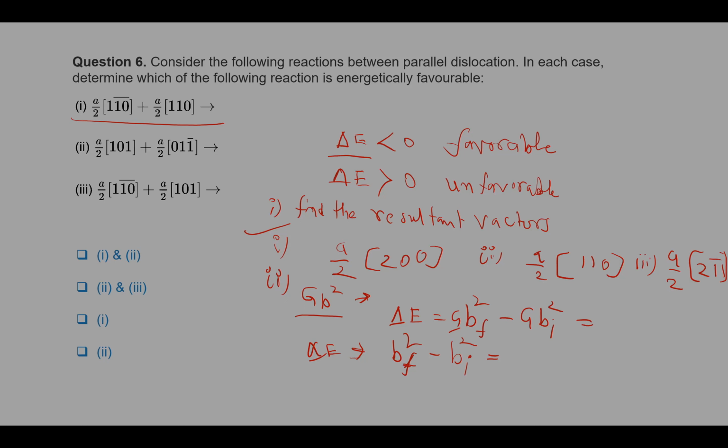So we were trying to calculate this part, to check whether it is energetically favorable or not. For that, we take this value from here. The final value will be this one. So we have to take a square upon 4 into 2.